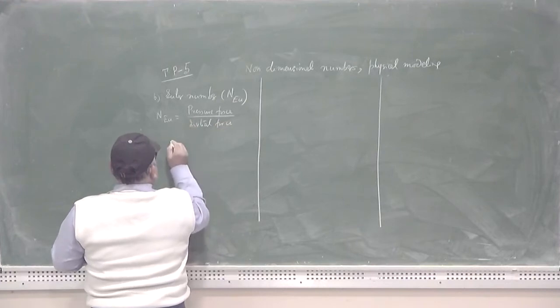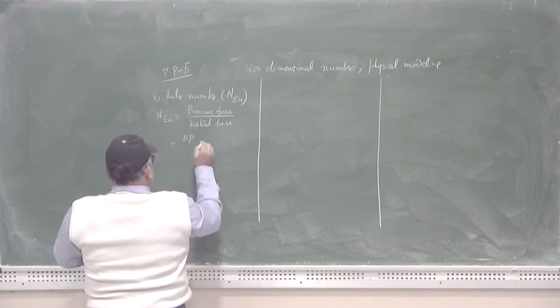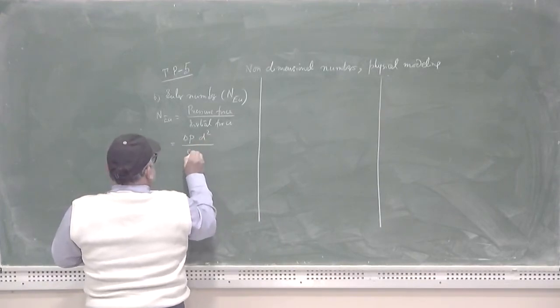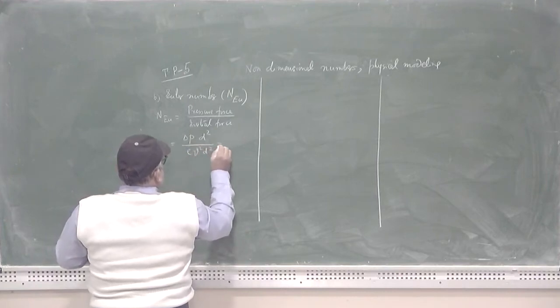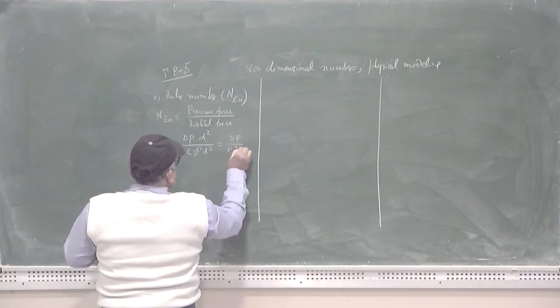So, the pressure force will be equal to delta P, that is the pressure difference, into characteristic dimension square, divided by the inertial force, which is rho v square d square. So, it will come as delta P upon rho v square.